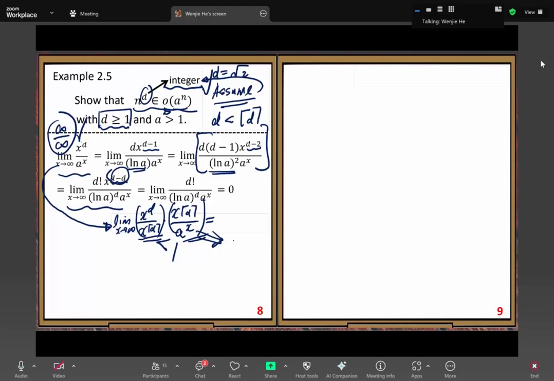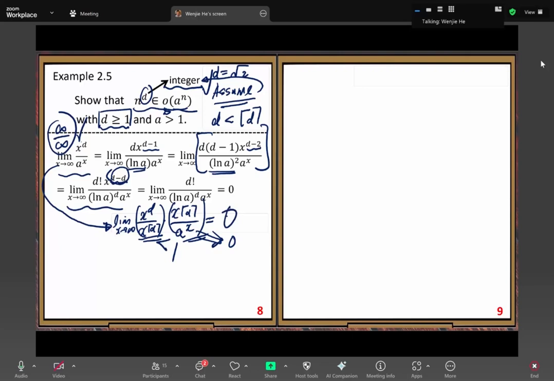Then the second fraction: because the ceiling of d is an integer, can we apply our partial result we just did before? This limit goes to 0, right? We just proved it. That's our partial result. We can apply it, and we replace that limit by 0. So 1 times 0 is 0.